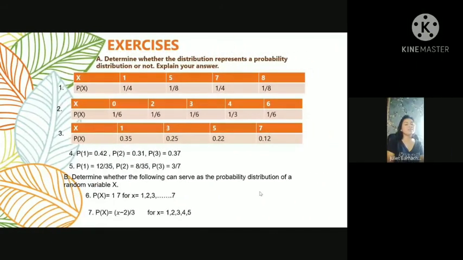Volunteer. Yes, okay, number 1, Vincent. Is this a probability distribution? No, ma'am. It's not. Are you sure with that? Why is it not? In the first condition, is it between 0 and 1? It's a yes, right? Sa first condition, yes. The values of the probabilities are between 0 and 1. Sa second condition, is the sum of all the probabilities equal to 1?